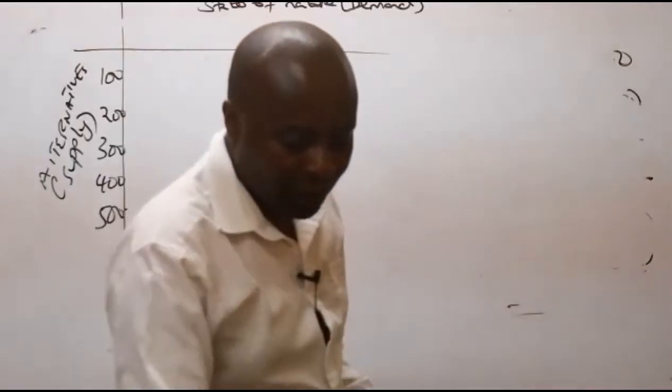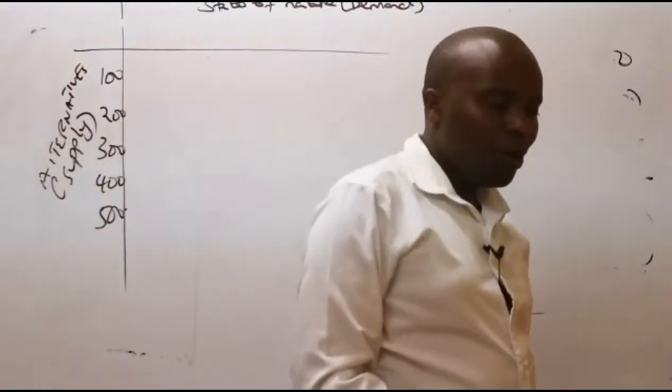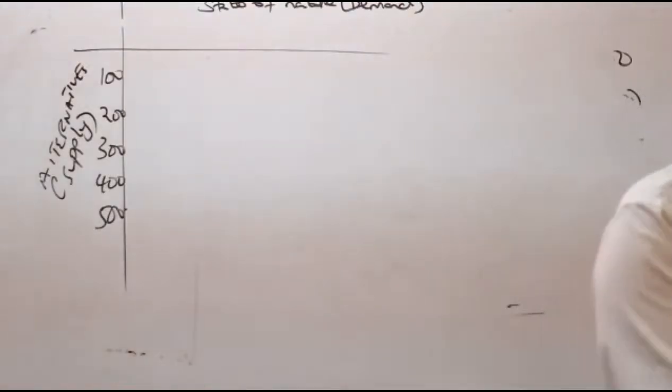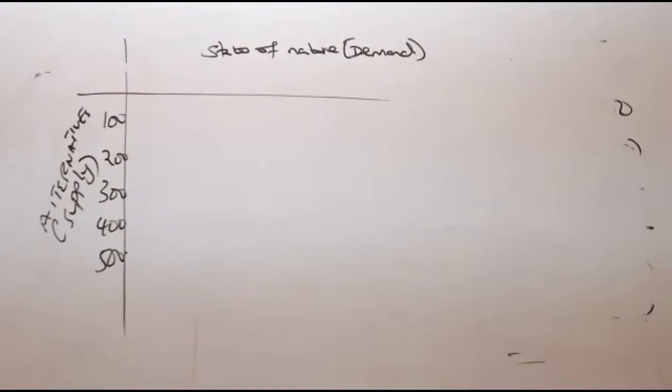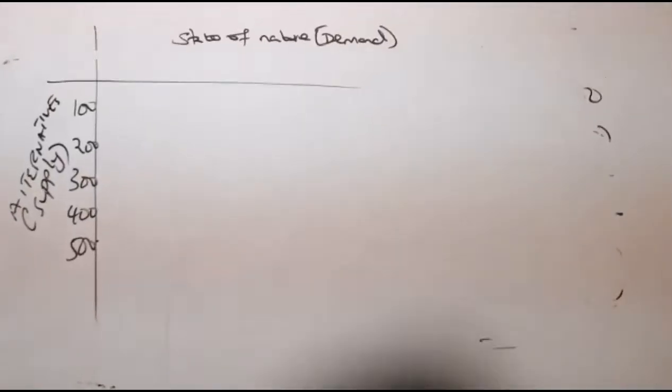Now listen, ladies and gentlemen, how do we get to really know the demand amount? Unless you're told otherwise, remember what we were told in economics: demand and supply should always be equal.